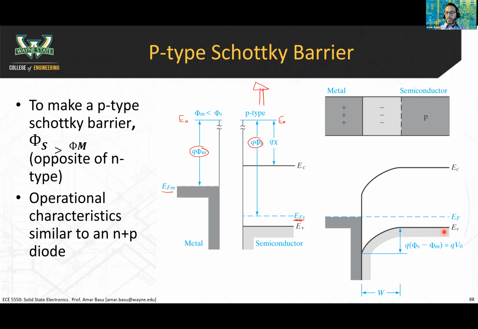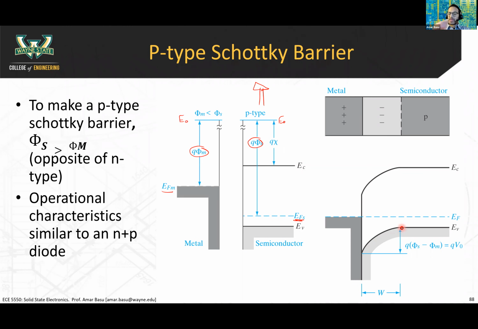So there can be some holes in the semiconductor, and those holes would be able to diffuse over to this side, but they cannot because there's a barrier height. That barrier height is equal to Q times phi s minus phi m, just the same as with the n-type Schottky barrier, and this is your built-in potential. In this case, it has diode-like properties.